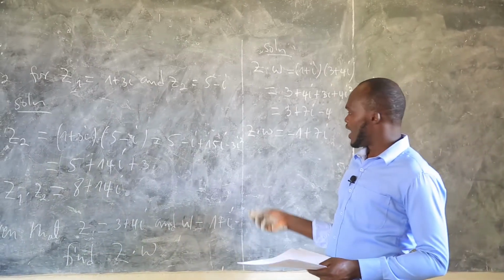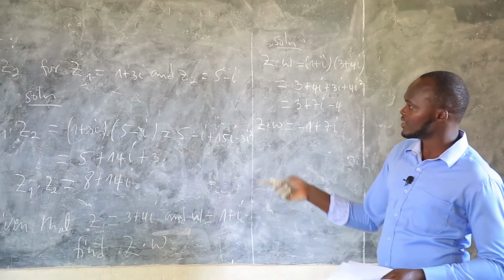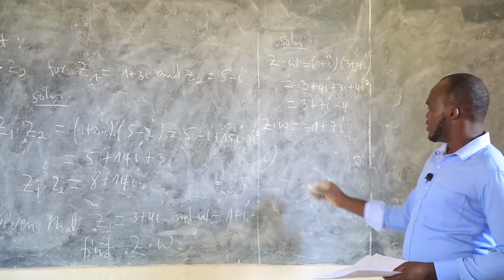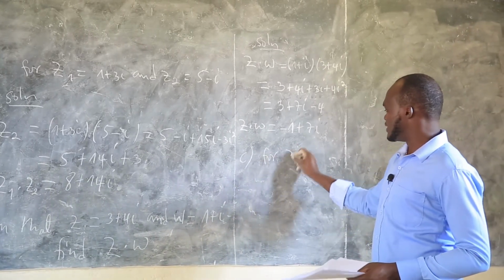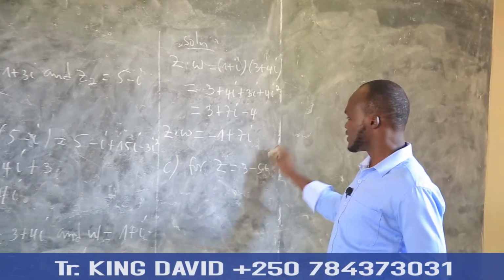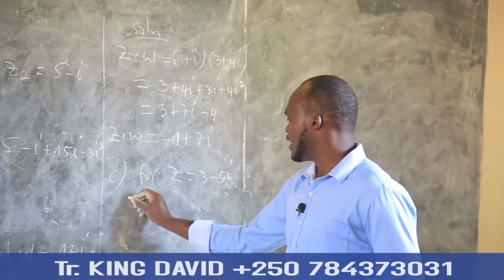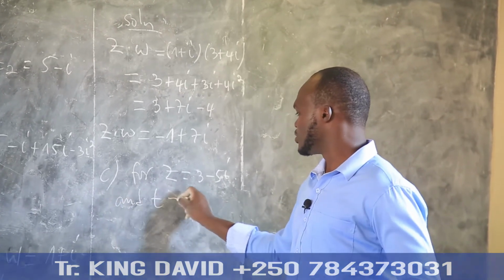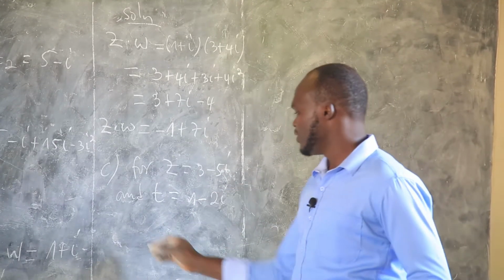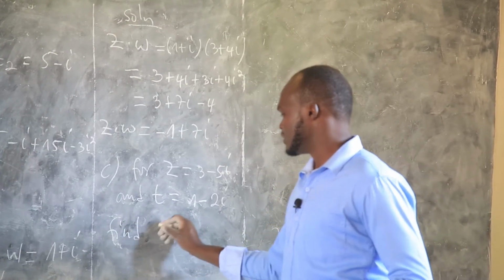Okay, then after that, let me try to give another example, c. For z equal to 3 minus 5i and t equal to 1 minus 2i, find zt.